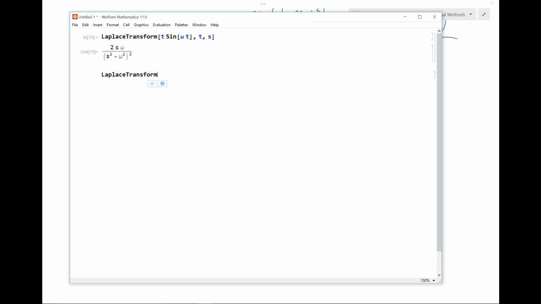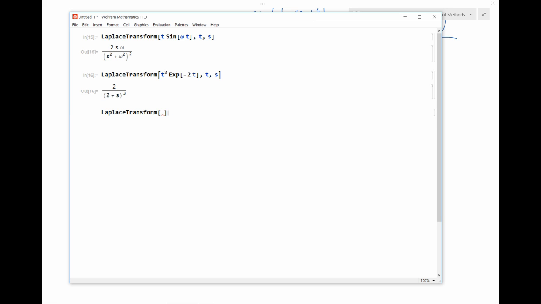We also computed the Laplace transform of t squared times e to the negative 2t. And that's exactly the same answer as we got in the notes.